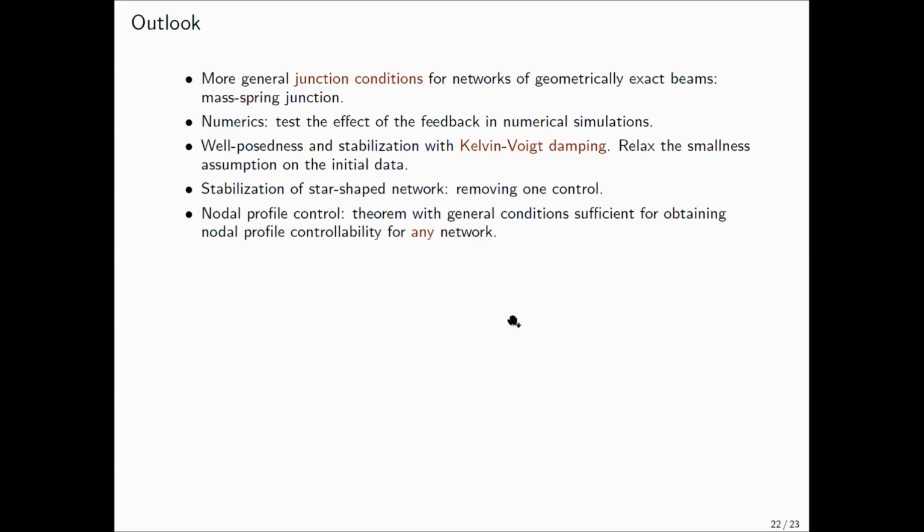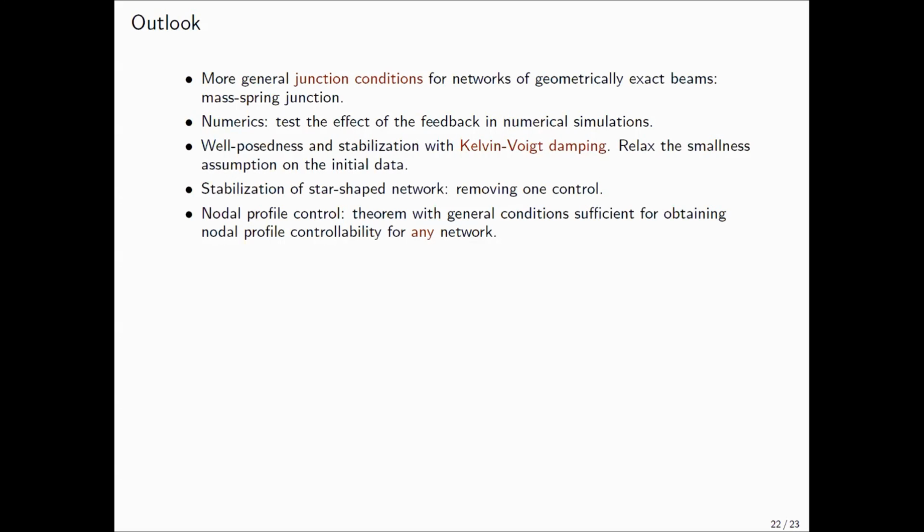And finally, on the nodal profile controls problem, which I last mentioned. In the literature, there appear some conditions on the network, on the position of the control nodes, the number of control nodes, and this kind of things, which seem to be sufficient to guarantee exact controllability of nodal profiles.